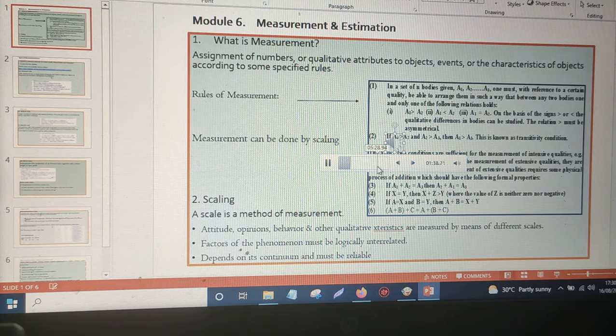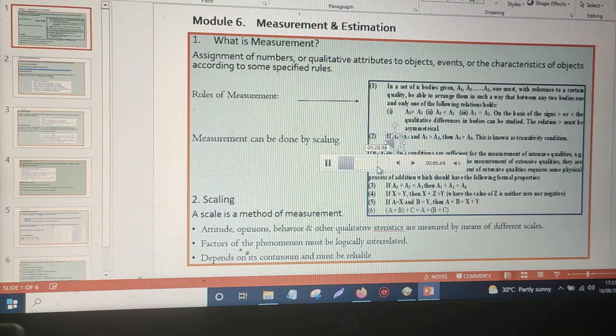You can also say A1 is less than A2. That's also good. You can also say A1 is equal to A2. Those are the three main ways by which you can express the responses when measuring intensive qualities.